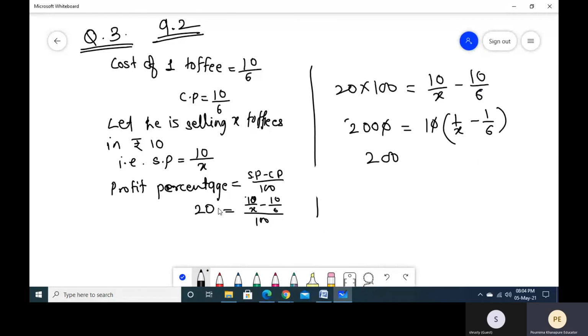It's percent, that's divided by 100. So it is equal to 1 by x minus 1 by 6.